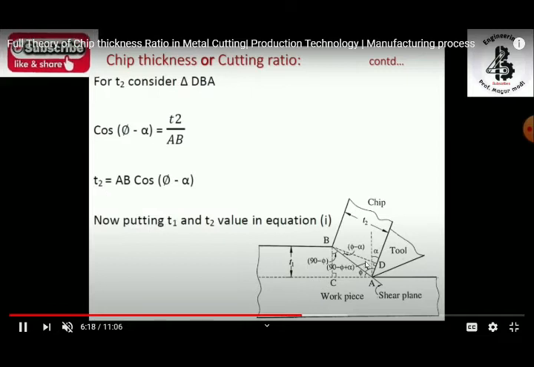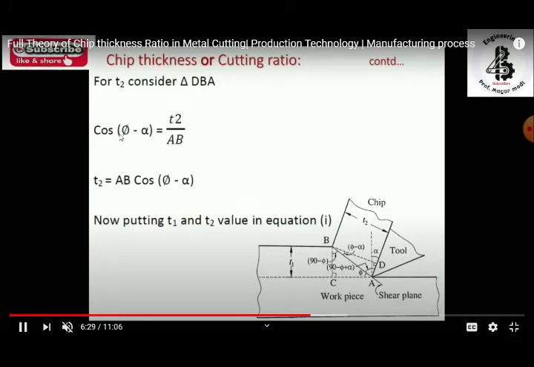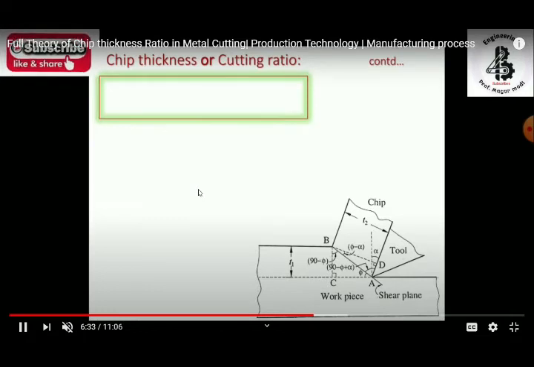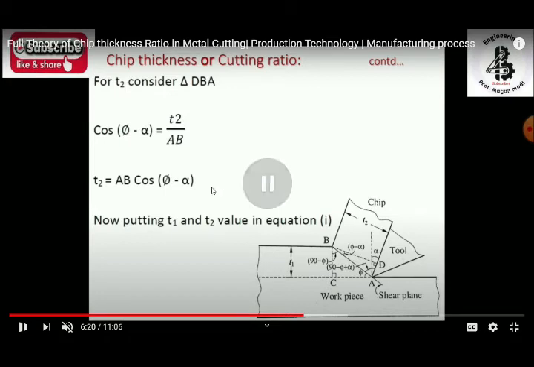Here also, T2 is equal to AB cos phi minus alpha. That means sin 90 minus theta is equal to cos theta.